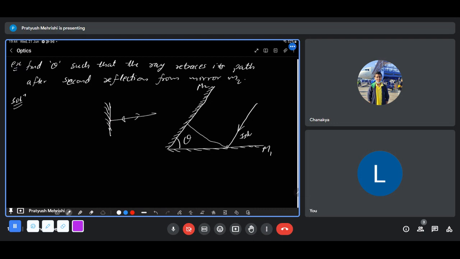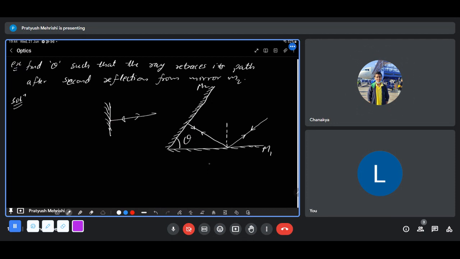It means that on the second mirror M2, the ray is incident perpendicularly like this. Only then it will be reflected again in the same direction, and hence it will retrace its path like this. This ray was coming here, and now it will go like this.